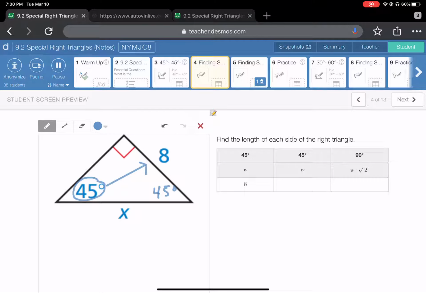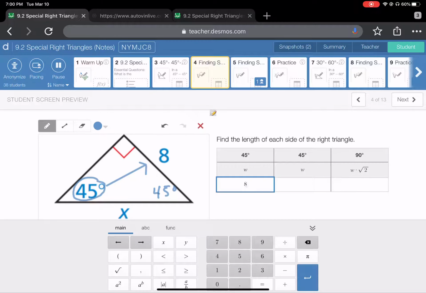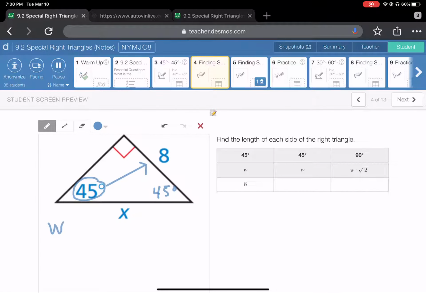Over here on the left, I'm going to create an equation where W, the letter in the table right under the first 45, is equal to 8. So now I know that W is equal to 8 because of this table that we just filled in.